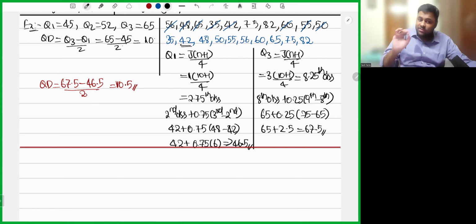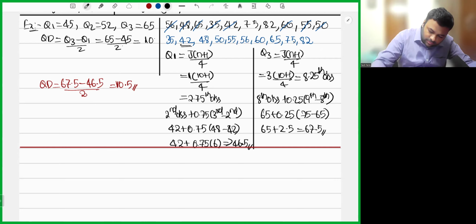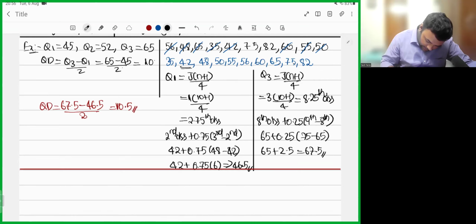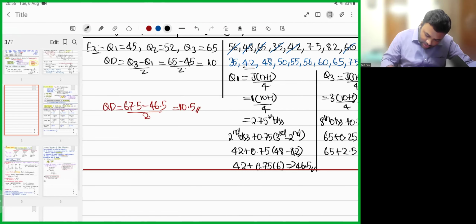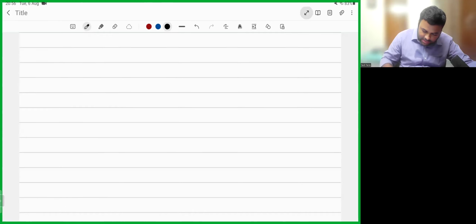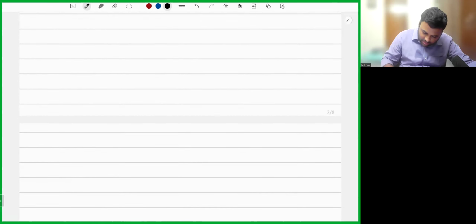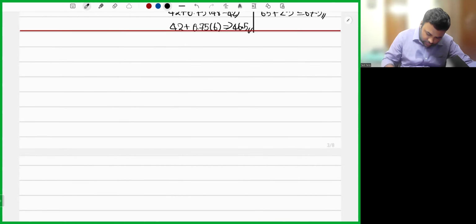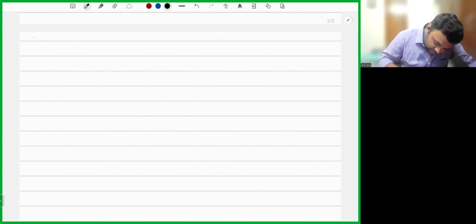Now let's do one thing. Let's focus on continuous data. One sum on continuous data, and then we will be done with quartile deviation. Example: observations are there, frequency is there.